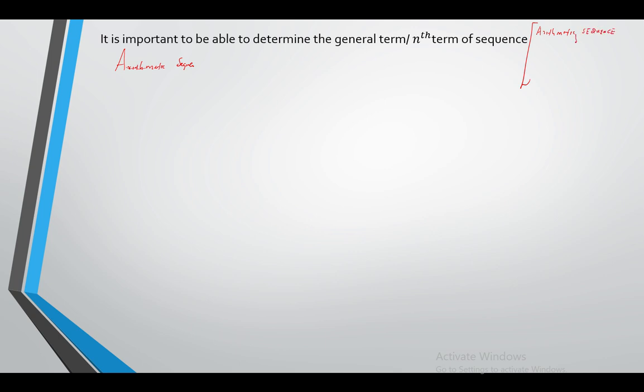We said an arithmetic sequence is a sequence with a common difference, and we know what a common difference is. Now I'm going to another important part of an arithmetic sequence, which is being able to find the general term.